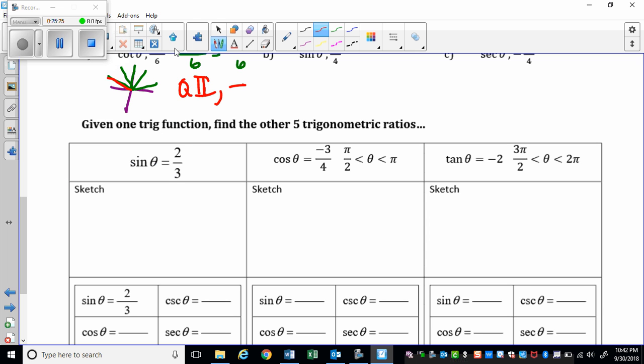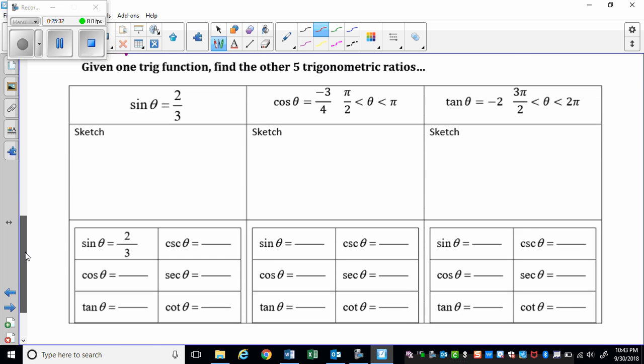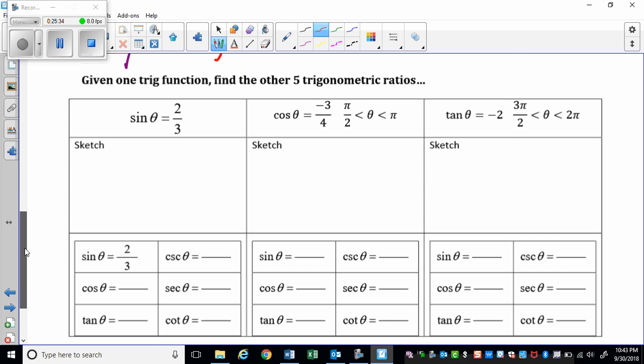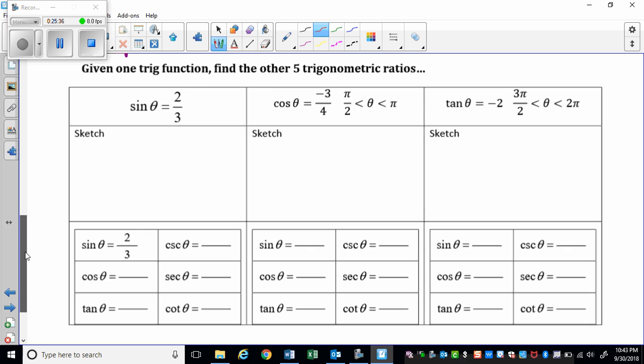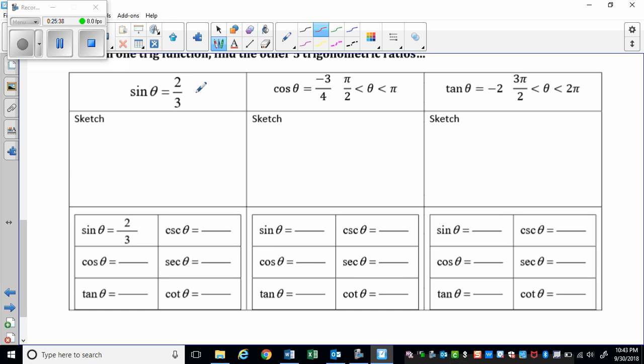Given one trigonometric function, find the other 5 trig ratios. This is something they're going to ask us to do often. Sine of theta is 2 over 3. Let's say it's in quadrant 1, because it could be in a different quadrant.